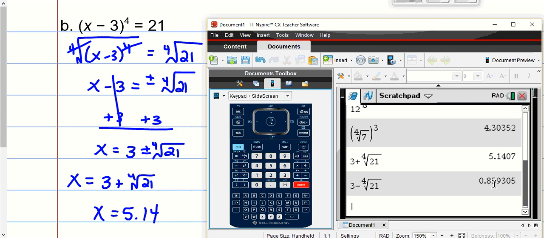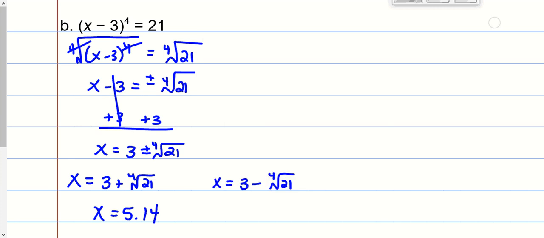Well, rounding to the nearest hundredth, the second decimal place, that 9 is going to bump the 5 to a 6. So it's going to be 0.86. So x equals 0.86. And those are my 2 answers for that one. Okay, that's all of 6.1.